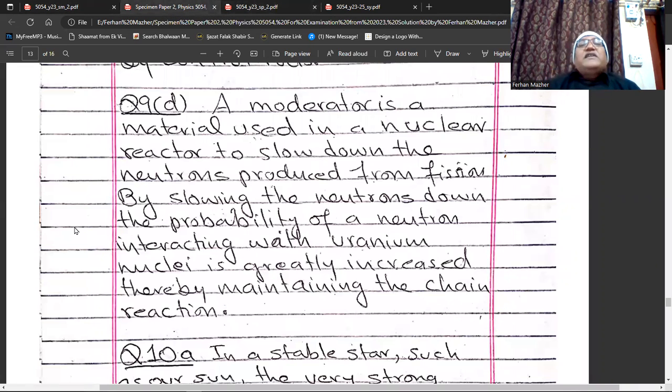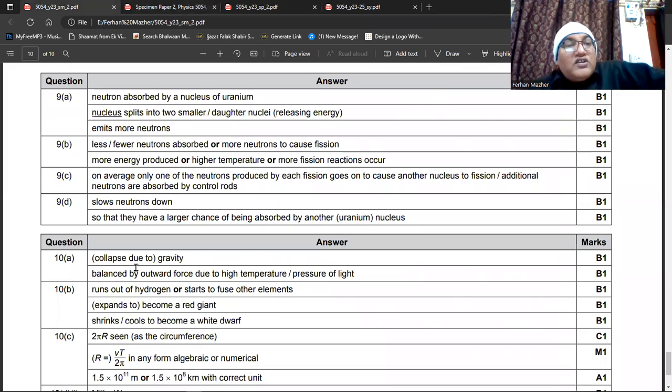A moderator is a material used in a nuclear reactor to slow down the neutrons produced from fission. By slowing the neutrons down, the probability of a neutron interacting with uranium nuclei is greatly increased, thereby maintaining the chain reaction. So it slows neutrons down so that they have a larger chance of being absorbed by another uranium nucleus.